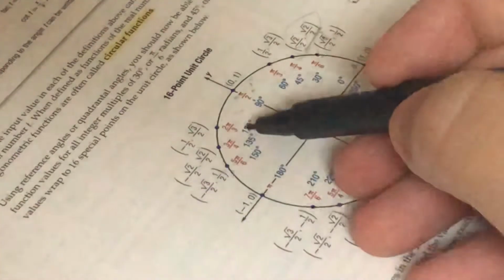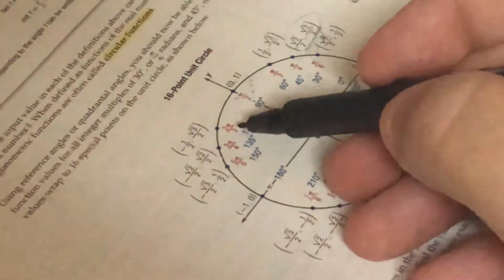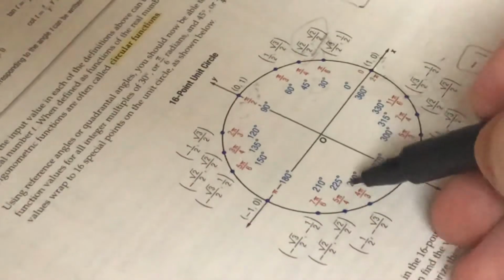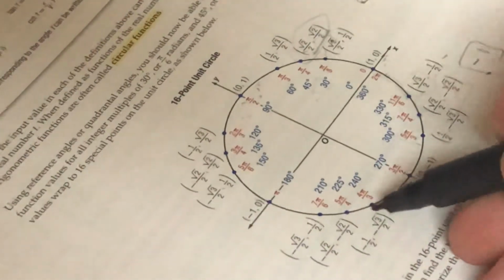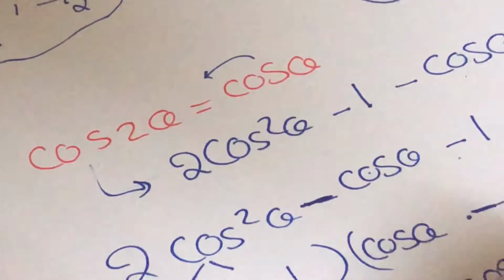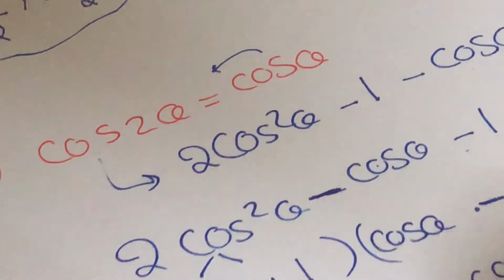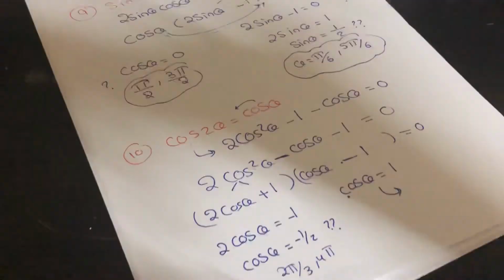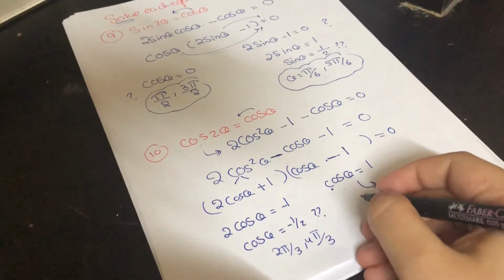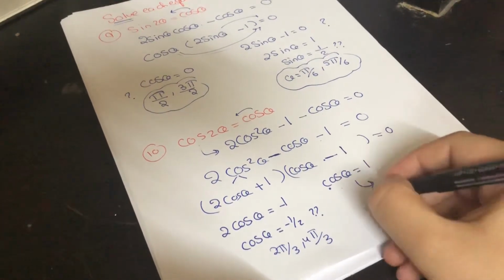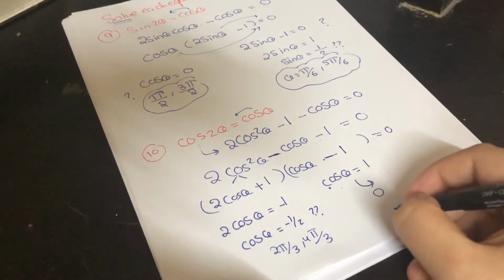Cosine is negative half here at 2 pi over 3, and cosine is negative half at 4 pi over 3, right? So 2 pi over 3 and 4 pi over 3 for this piece. Sorry for the camera. When is cosine theta equal to 1? Only at 0. So I have 3 answers for this question.